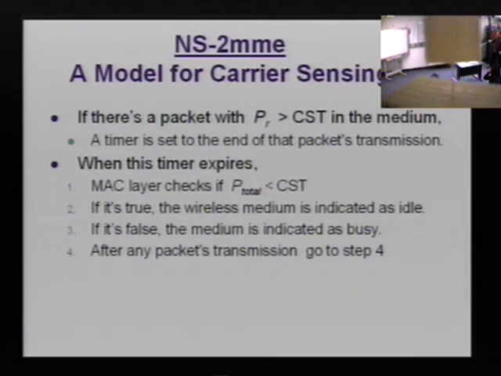When the timer expires, the MAC checks if the P total from all of the sources is less than the carrier sensing threshold. If it's not, the medium is indicated as busy. If it is, then you can switch into idle state and you can transmit or start your backoff timer. If it's not, you have to do the same check every time a packet ends to see if it's smaller than the carrier sensing threshold.